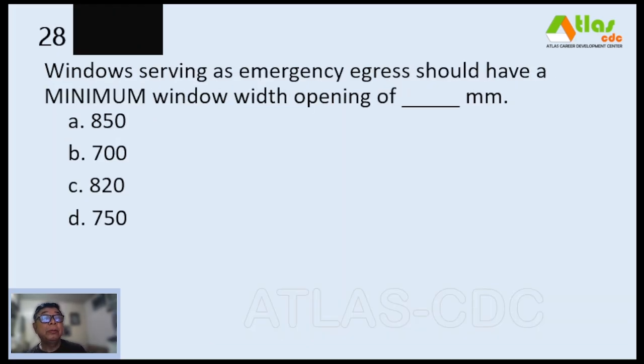28. Windows serving as emergency egress should have a minimum window width opening of blank mm. A. 850 mm, B. 700, C. 820, and D. 750 mm.